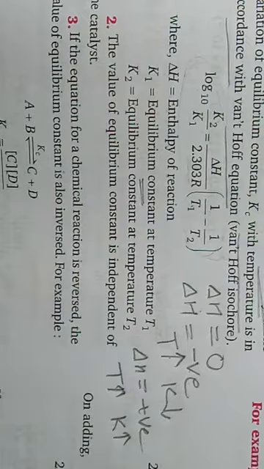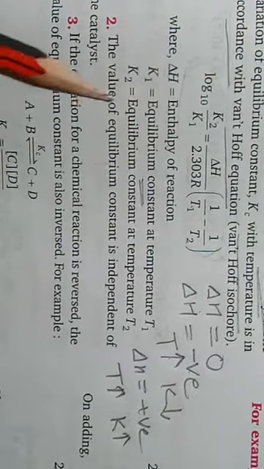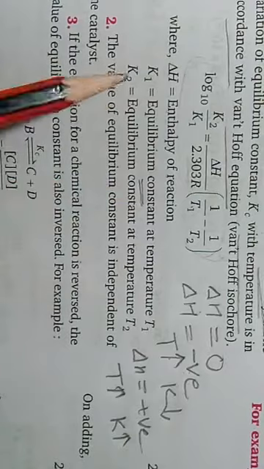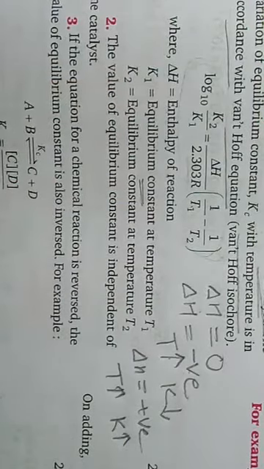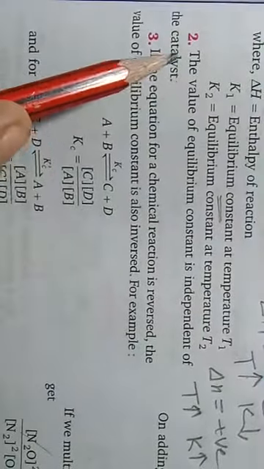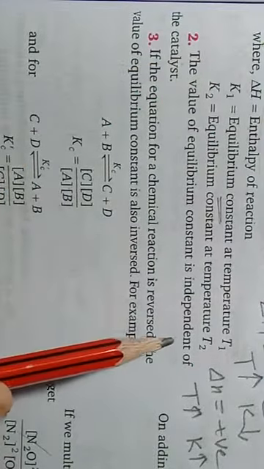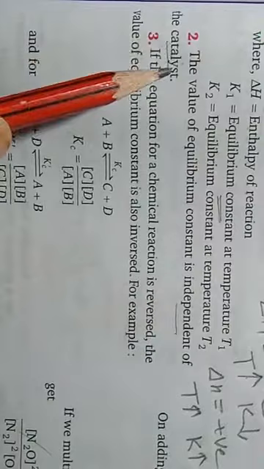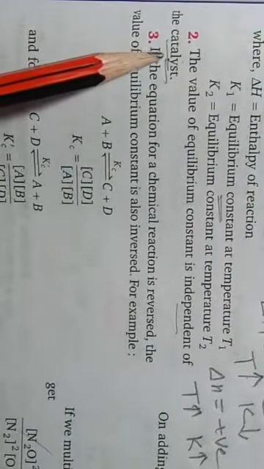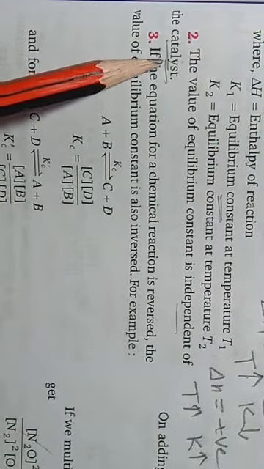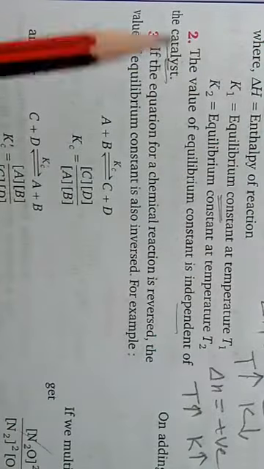That is why K will also change with change in temperature. The second point: the value of the equilibrium constant is independent of the catalyst. So there is no effect of the presence or absence of a catalyst on the value of the equilibrium constant.